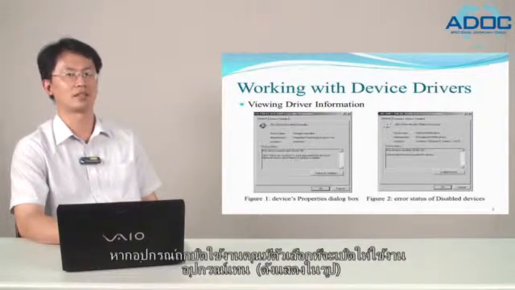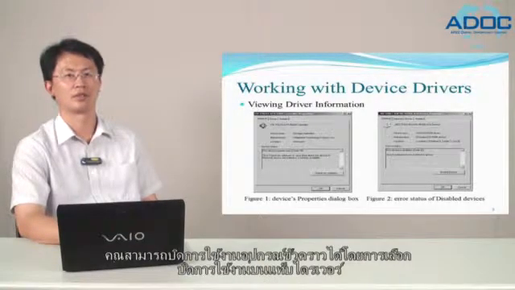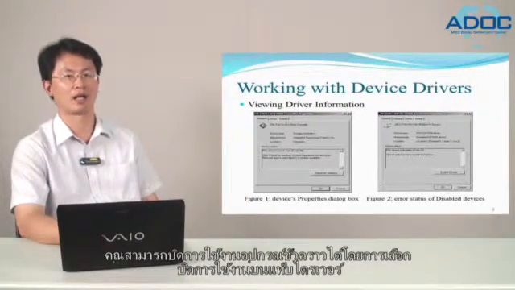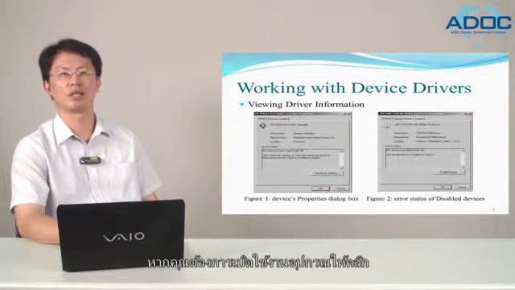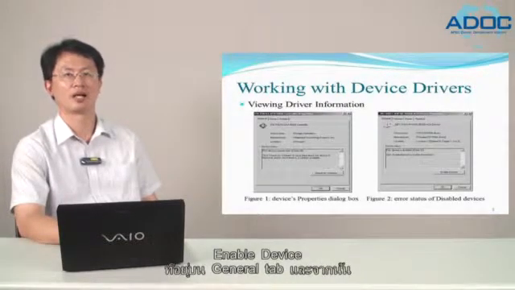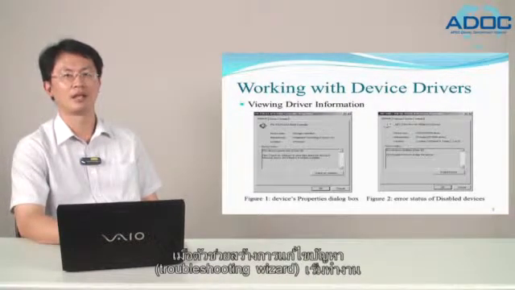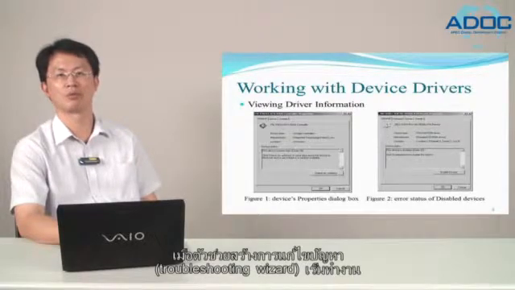If the device is disabled, you have an option to enable the device instead, as shown in the figures. You can temporarily disable a device by selecting Disable on the Driver tab. If you later want to enable the device, click the Enable Device button on the General tab, and then the troubleshooting wizard starts.